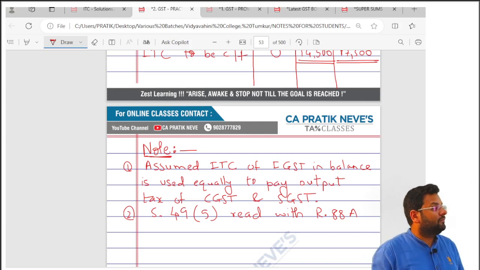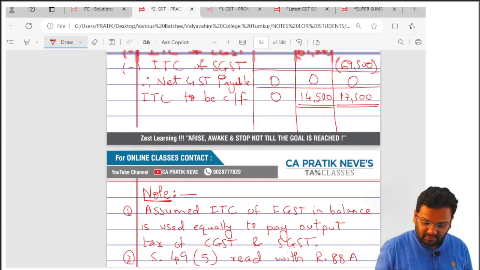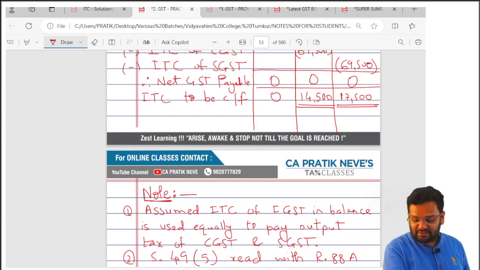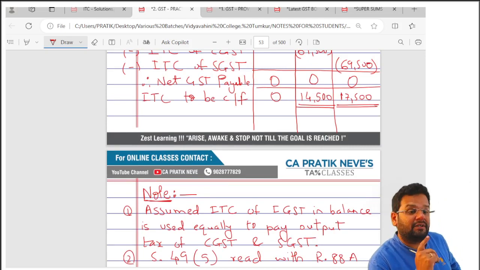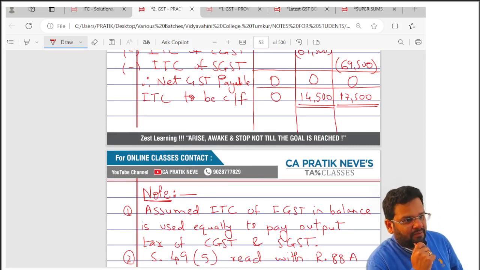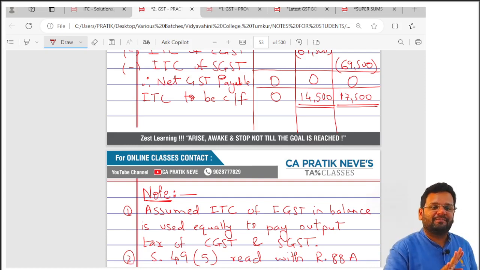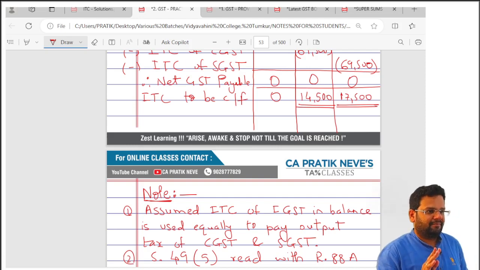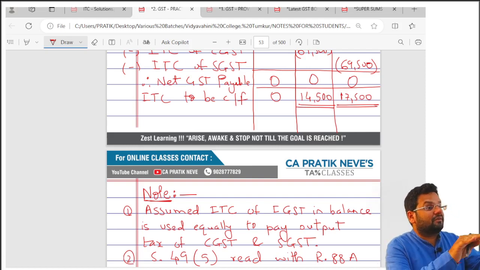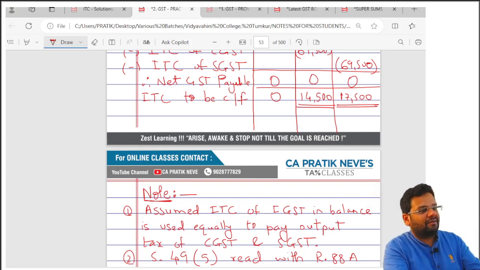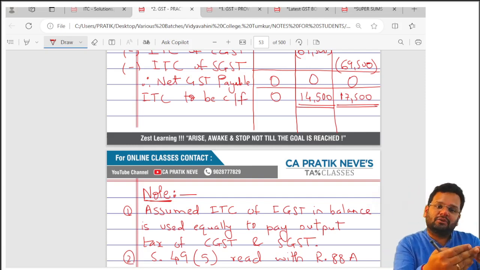Clear? So tell me, one thing, take on your calculator 14,500 plus 17,500. Anyway, your ITC to be carried forward is 32,000. If that is 32,000, your answer is correct. If you have used the remaining ITC of IGST in some different proportion, still overall ITC to be carried forward would be the same 32,000.